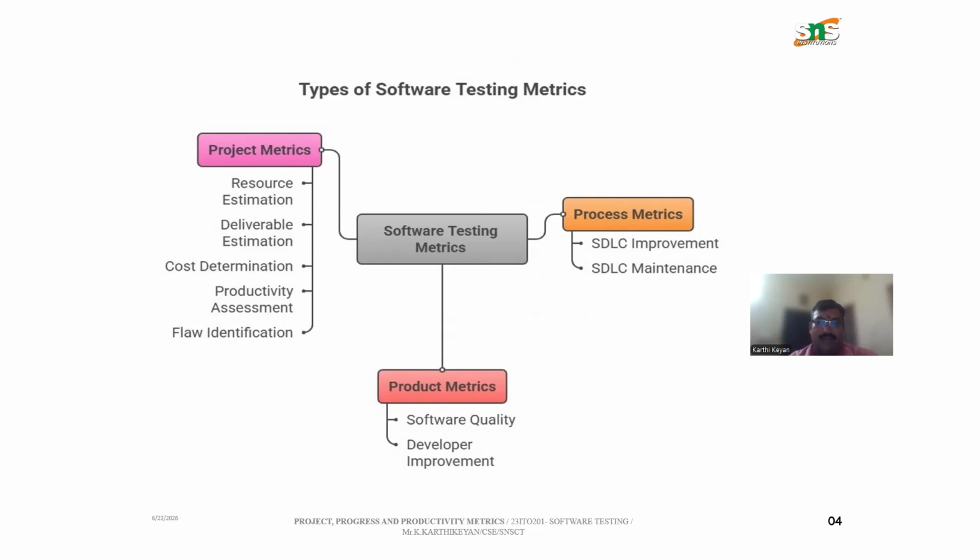If you accept, fine; if any mistake is made, you can give a penalty to the developer or tester. Flaw identification: if any flaw or mistake is present, you can identify and rectify it. Process metrics cover SDLC, software development lifecycle improvement and maintenance. If any changes are required, you can modify them for your customers.